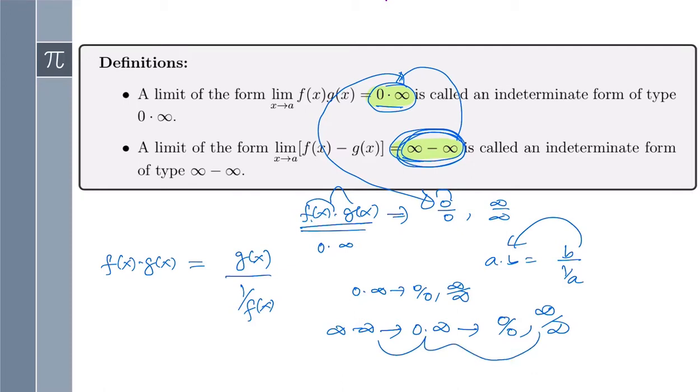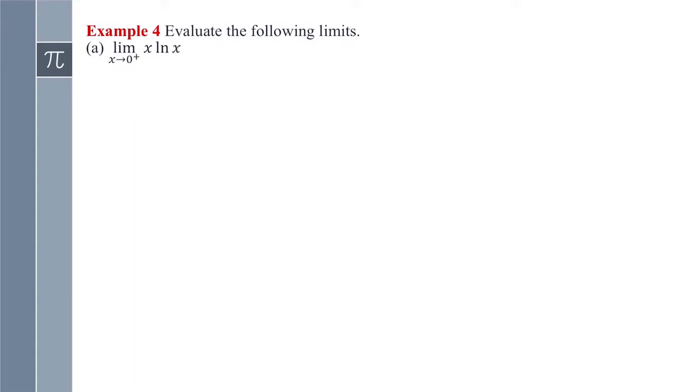I'll show you examples. So if you look over here, this is when x approaches 0 from the right. So this is 0. Natural log of x goes to negative infinity when you approach 0. Here the negative sign really doesn't matter because 0 times infinity or 0 times negative infinity are the same thing. So this is of the form 0 times infinity.